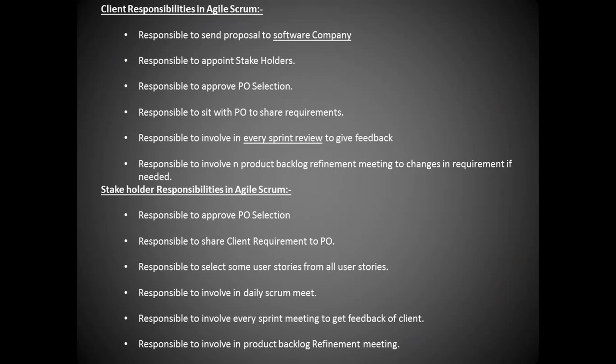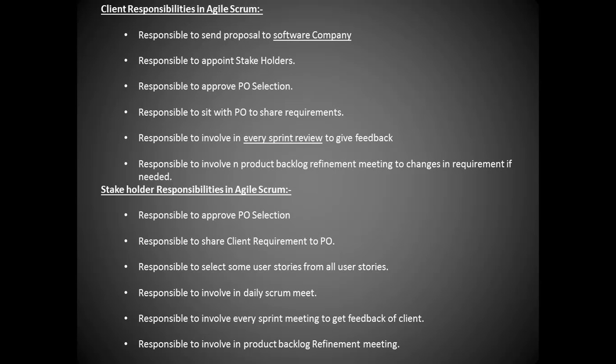He is responsible to sit with the POs to share the requirements, and to be involved in every sprint review to give feedback. In every sprint review meeting, the client should be an attendee and needs to give feedback. He is also responsible to be involved in the product backlog refinement meeting to make changes in the requirements if needed.